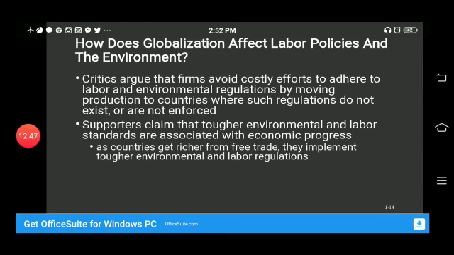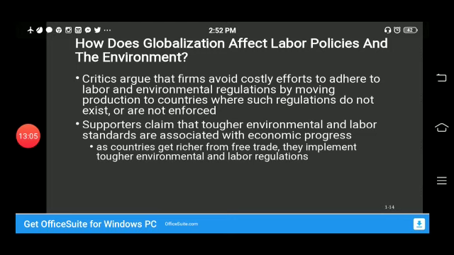However, advocates of globalization claim that environmental regulation and stricter labor standards go hand in hand with economic progress. So, foreign direct investment actually encourages countries to raise their standards.